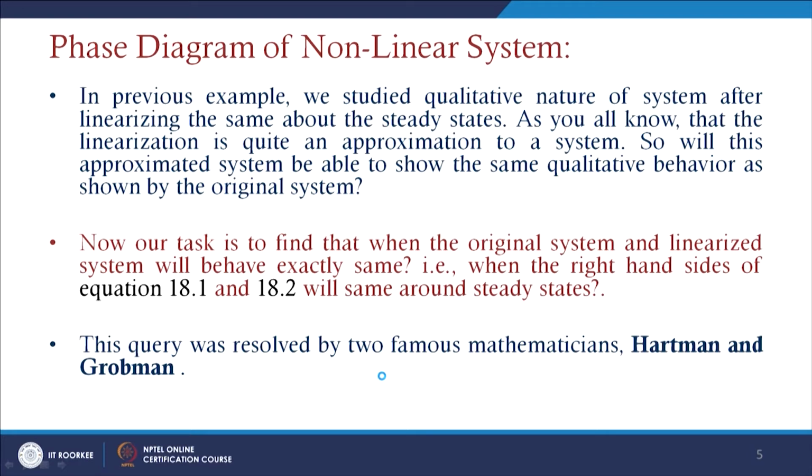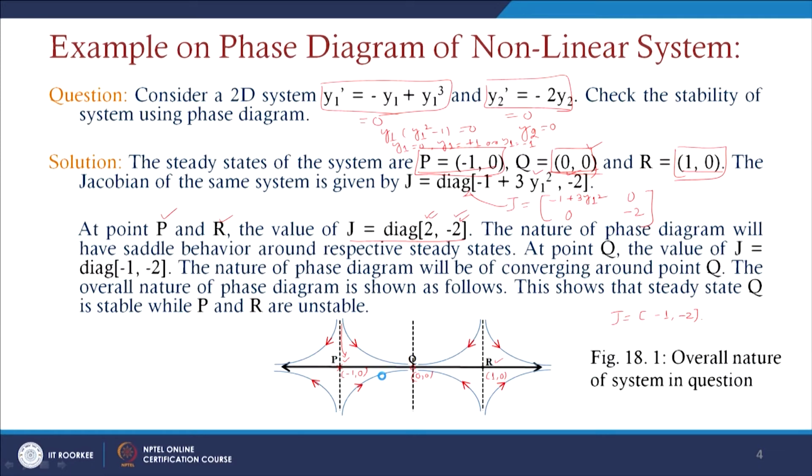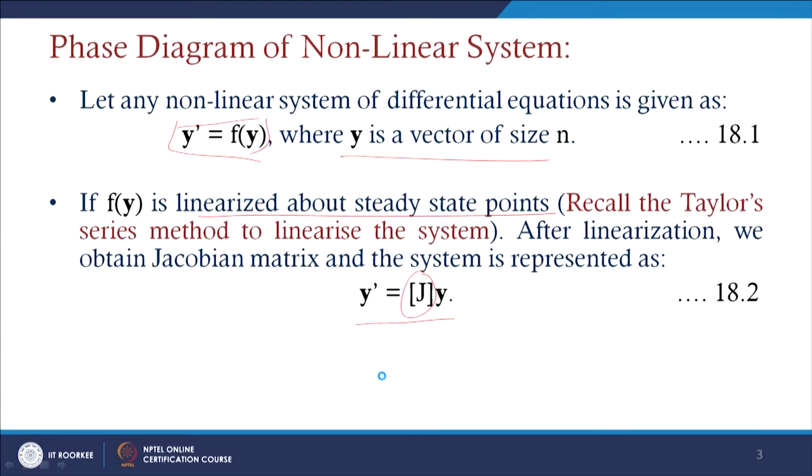For this analysis, we can consider equations 18.1 and 18.2: y dash equals f of y, and y dash equals J y. This is the approximated or linearized system we have considered, and this is the exact system we have considered here.